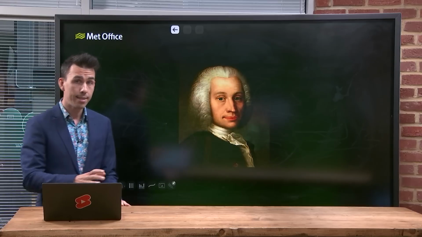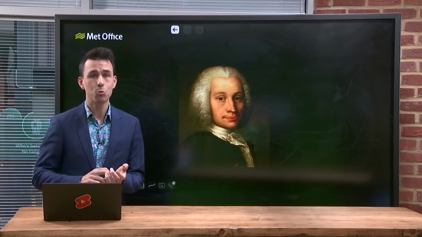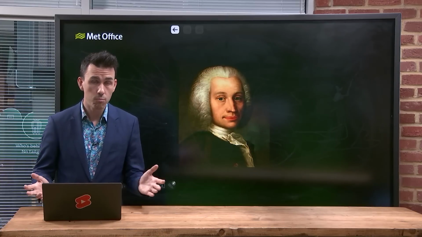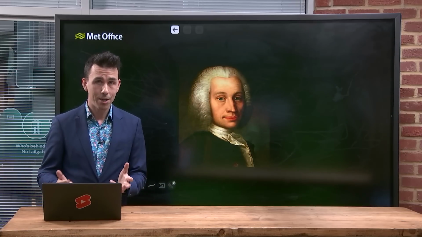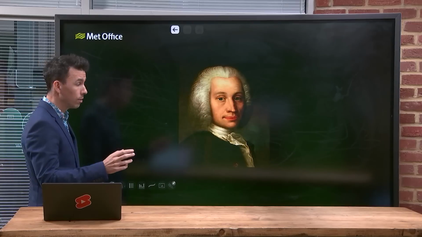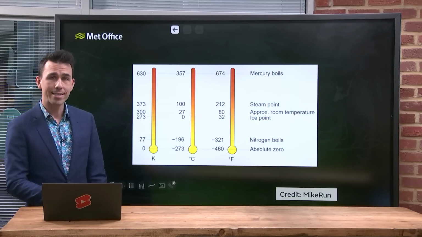The reason he did that was because he didn't want negative numbers during the Swedish winter. So if you had, say, a very cold morning in Sweden, it would be 110 and not -10. But after he died in 1744, his scale was reversed, and it was called the centigrade scale.